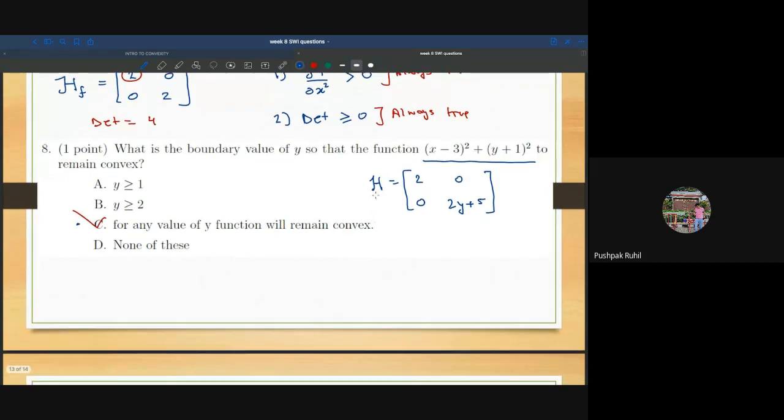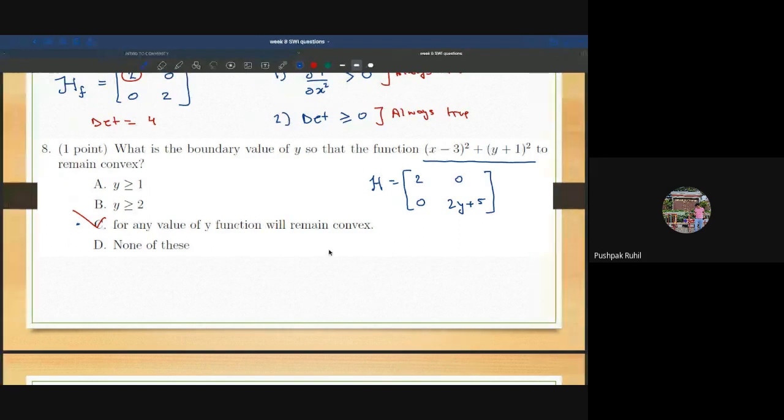I don't have the function, I'm just randomly forming this Hessian matrix. Let's take 1 or 2 minutes. It would take just 1 minute to find the value of y for which this would be convex.